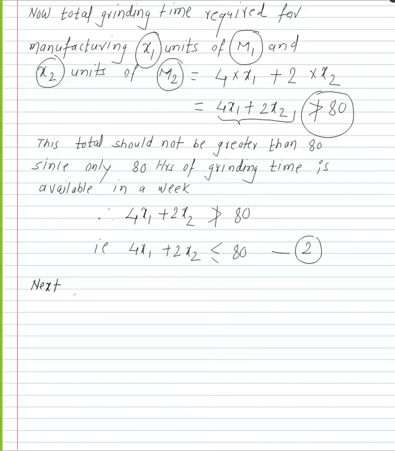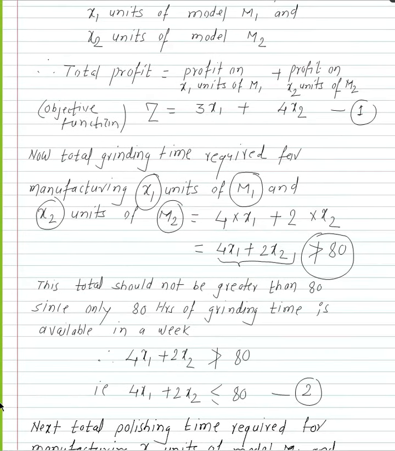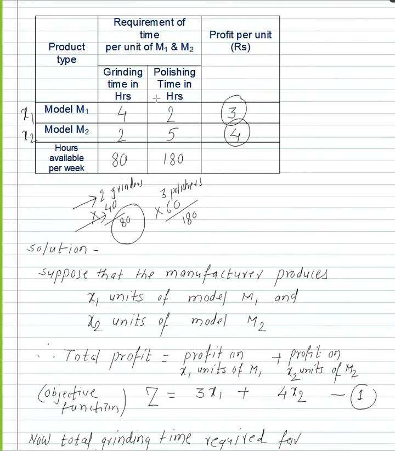Next, the total polishing time required for manufacturing x1 units of model M1 and x2 units of model M2 is, this is the polishing time.